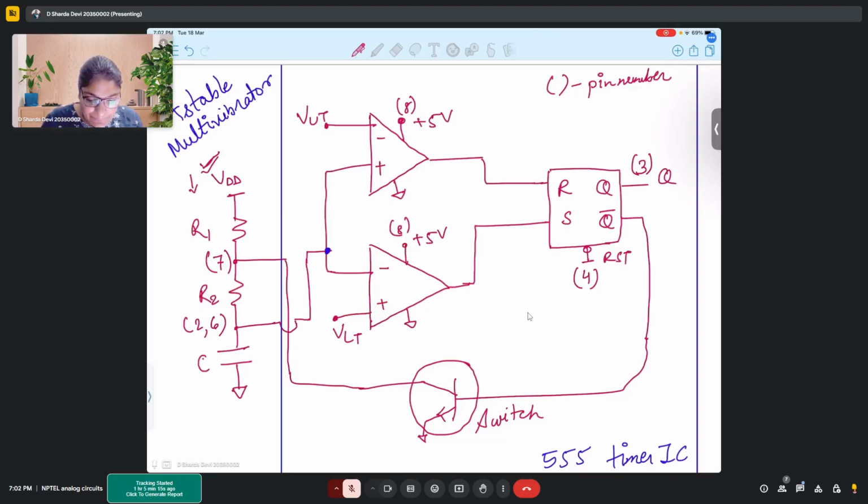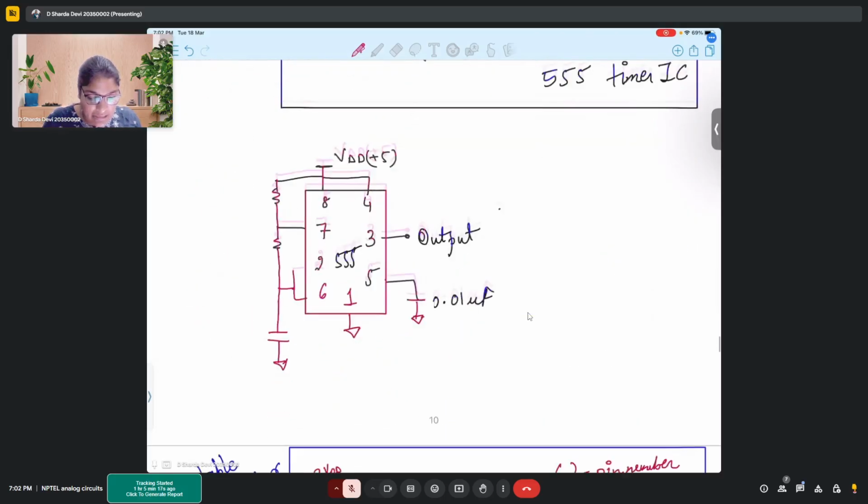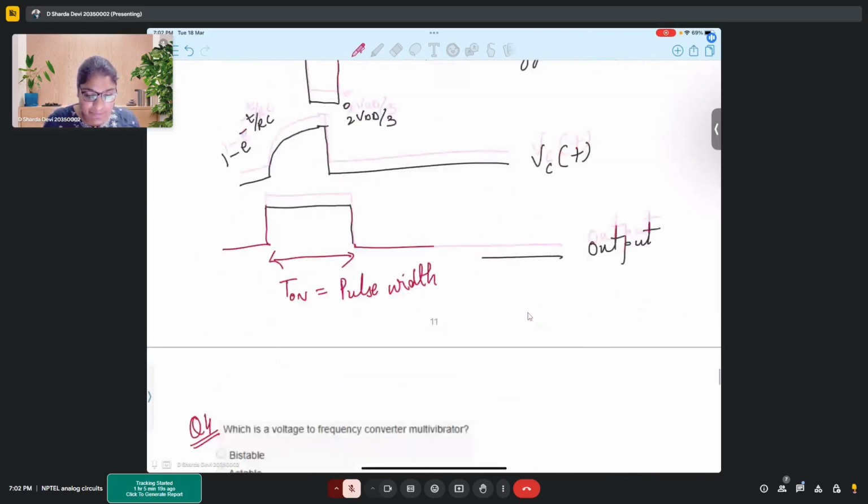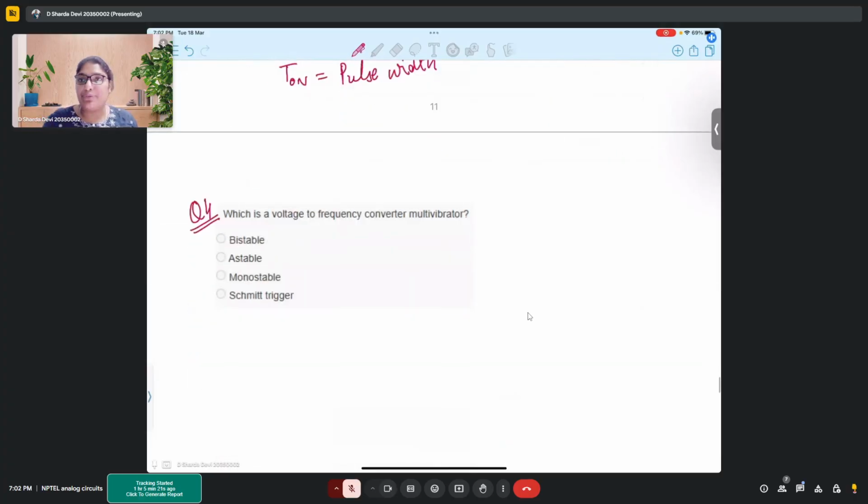So that's why the output frequency of astable multivibrators can be controlled through the input voltages which are applied to them. Hence, the astable multivibrators can be used as voltage to frequency converters.